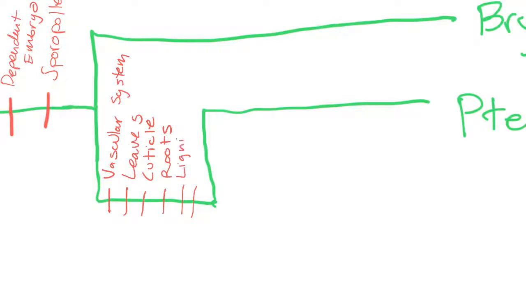All right, lignin is also, should have been in your Instagram pictures, right? This is the structure that allows, if you have lots of it, allows things to grow big and tall, such as gymnosperms. All right, what else? Leaves, cuticle, roots, lignin.